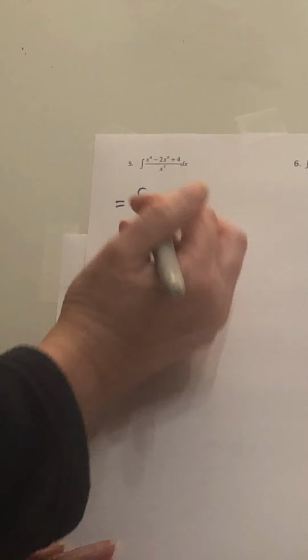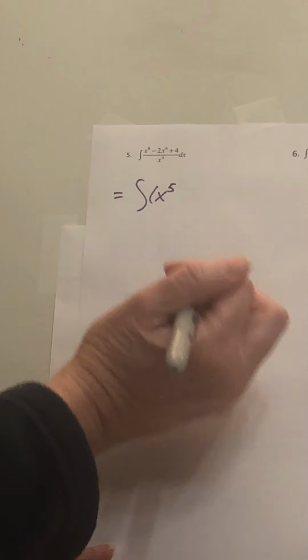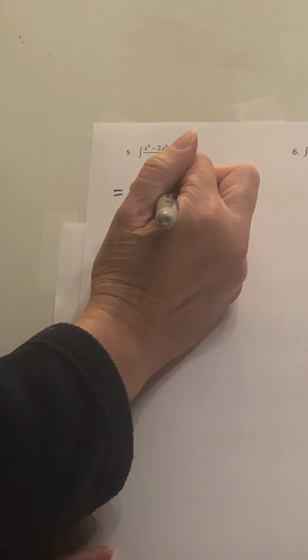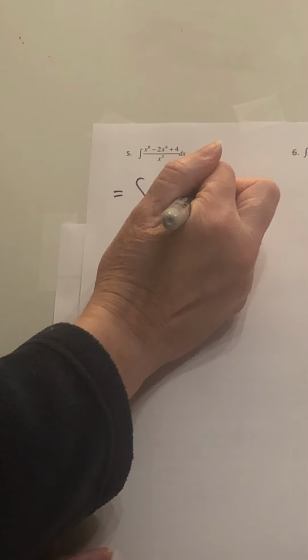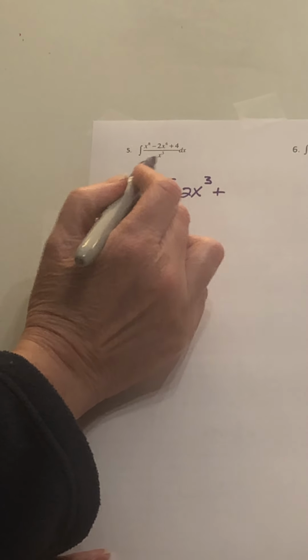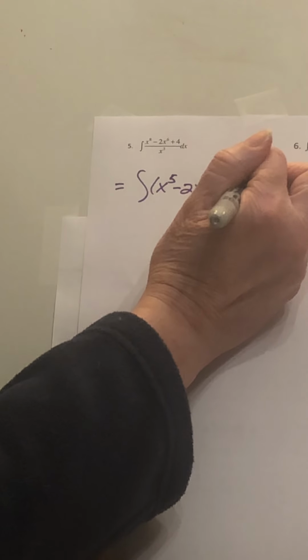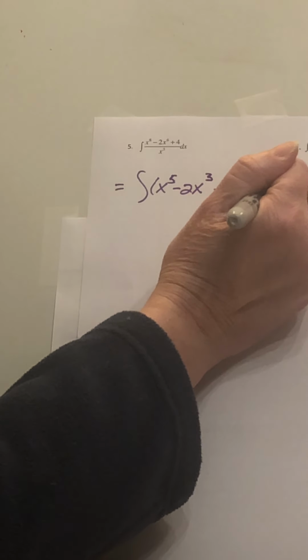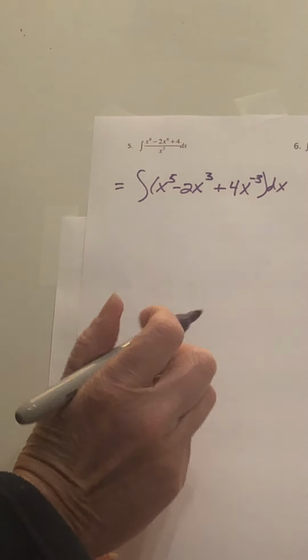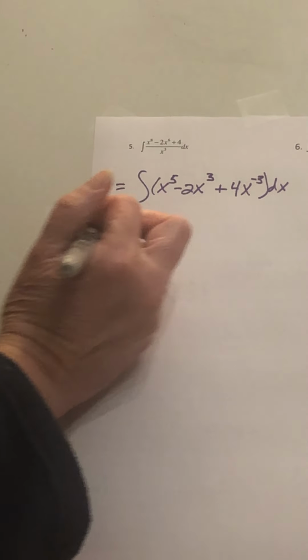I subtract my exponents, and I would get x to the fifth, because of 8 minus 3, minus 2x to the third, plus, now this one, there's no x's up here, so I'm going to do this one as a rewrite as 4x to the negative 3. And that's my simplification. So everybody's being divided by that x to the third.